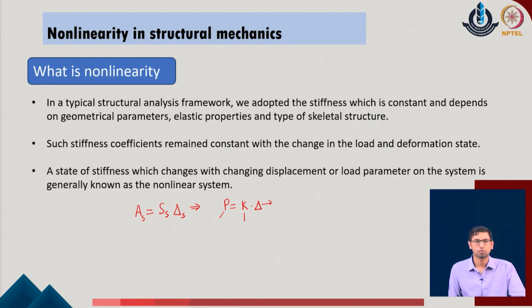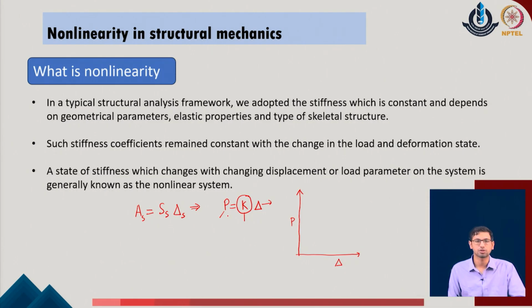In most of the problems which we tackle in general engineering applications, we consider that the stiffness of the system is constant, which means that if I draw the load versus displacement curve, considering that the stiffness value is constant, there is of course a load vector with multiple components, and delta is also a vector with multiple values.